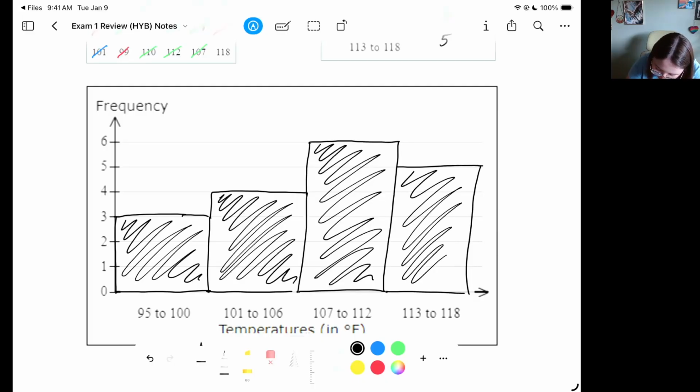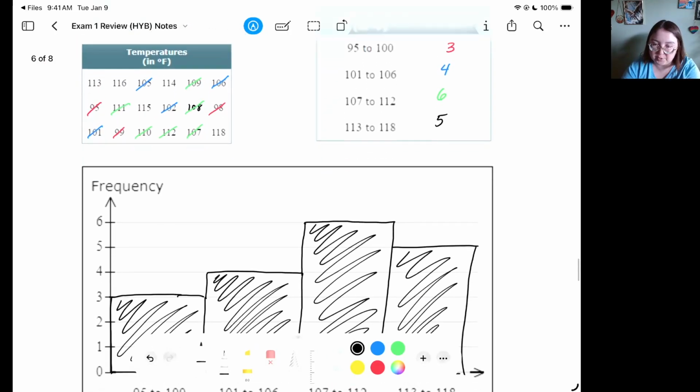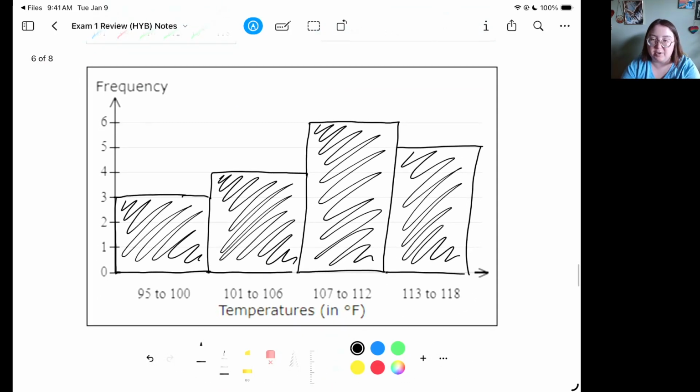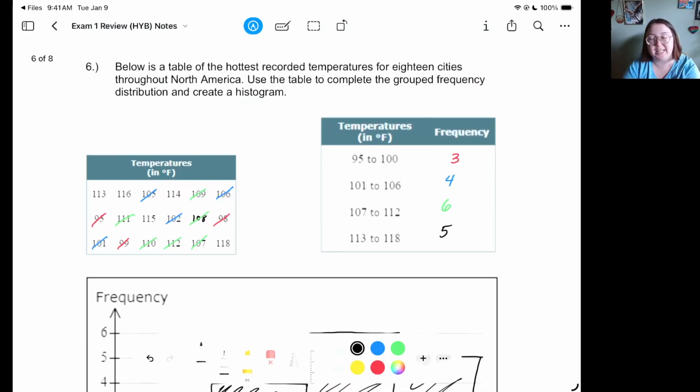Shade that in a little bit. And there we go. So that's how we can create our grouped frequency distribution table, and then we can create our histogram corresponding to our frequency distribution table as well. And there we go. So that wraps up number 6. Let's go ahead and go on to our next one.